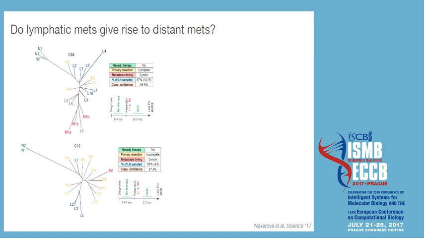However, for trees like this one over here, we see that the distant metastasis clusters with one region of the primary tumor and the lymphatic metastasis clusters with different regions of the primary tumor. So for that tree, we would conclude independent origin and hence independent seeding of metastases.